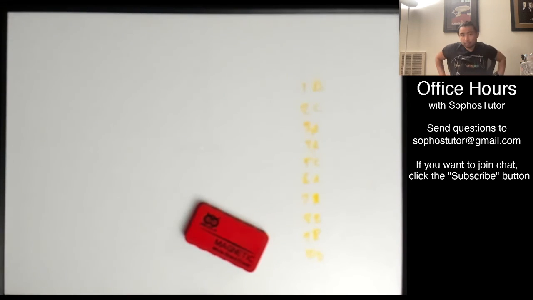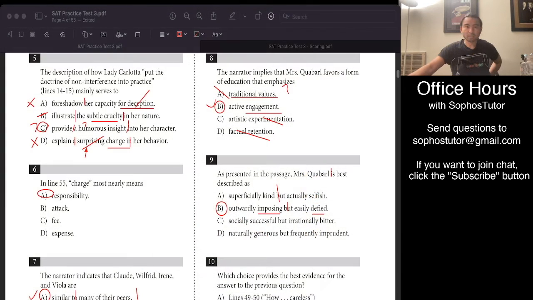So what are the lessons that I want us to get from doing this practice test? Let's keep in mind that this is not easy, all right? It's not easy to read this type of work. Let me bring up the practice test here. So what is it that I want us to learn about how we deal with these really difficult passages with really difficult language?